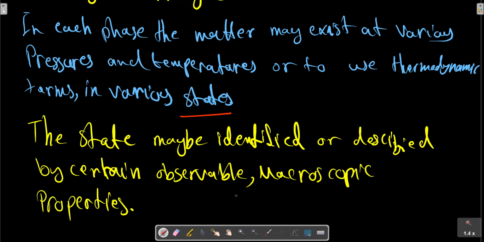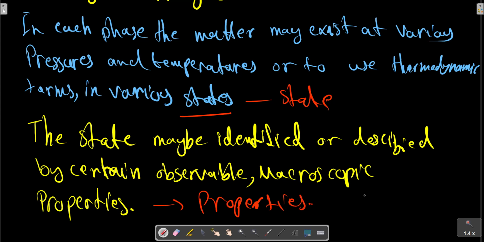So we have a definition of a state here and properties. Some familiar ones are temperature, pressure, and density.